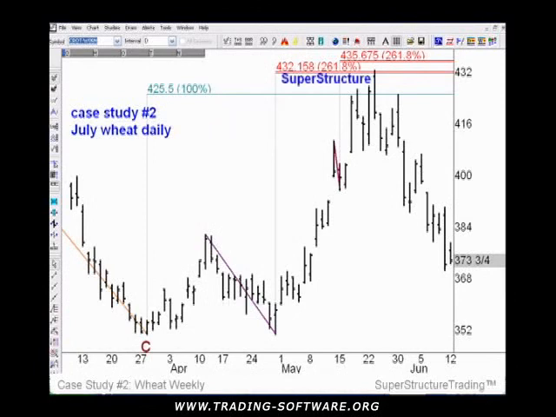Here you have a superstructure shorting opportunity right here. Everything is lined up: price, time, and even formations on a lower time interval chart. After your short, of course, you can expect a downward move, and here you have measured moves back to back.